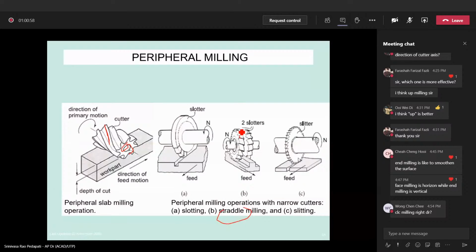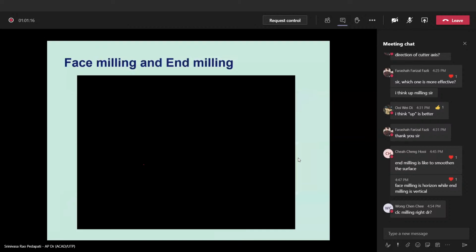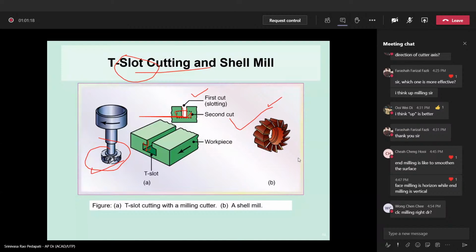Straddle milling, if you have a form cutter, that means a form milling cutter. Form cutter means the shape which you want to create. The shape which you want to create is a gear. That is a gear type. If the shape that you want to have in the slot is cut, that is form cutters to machine.